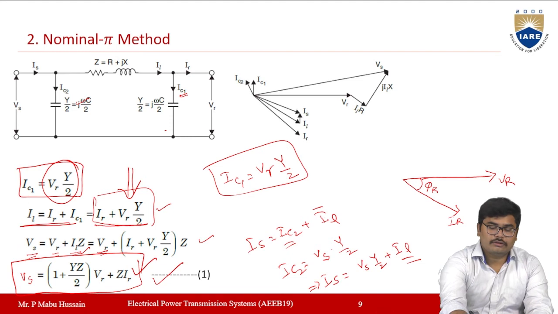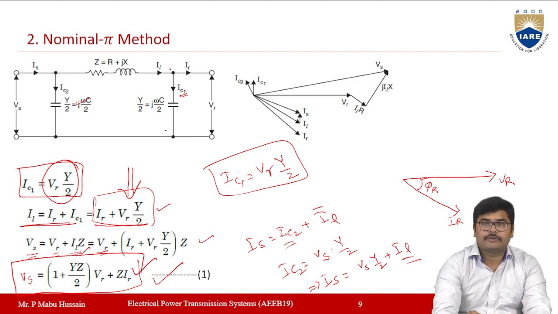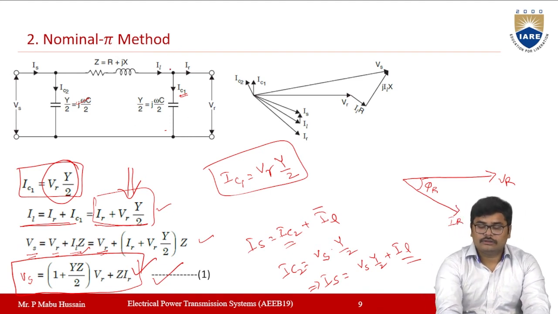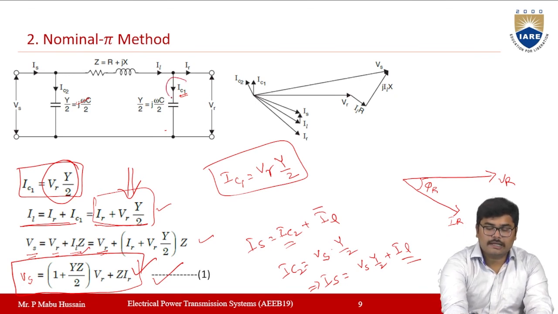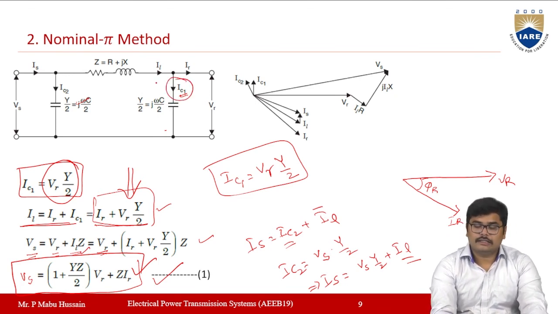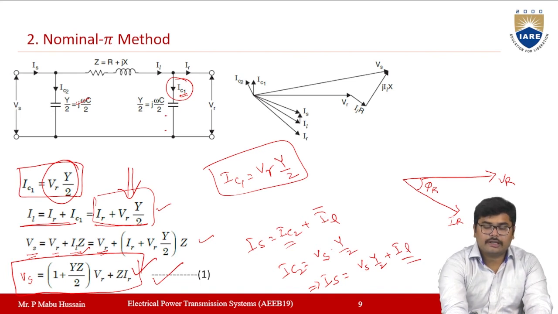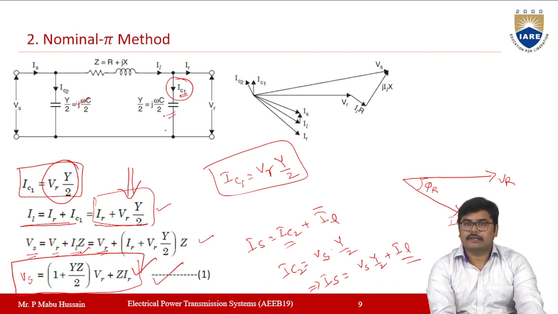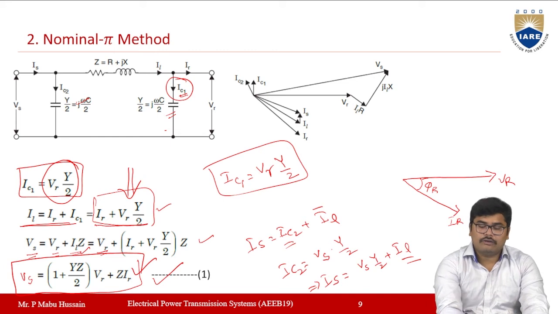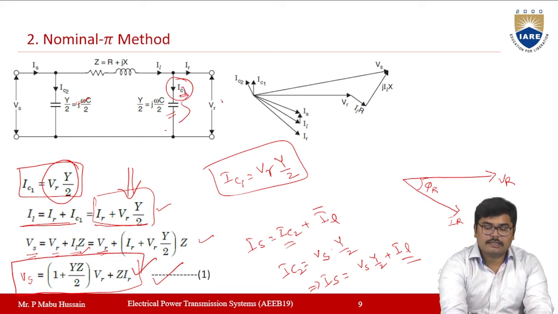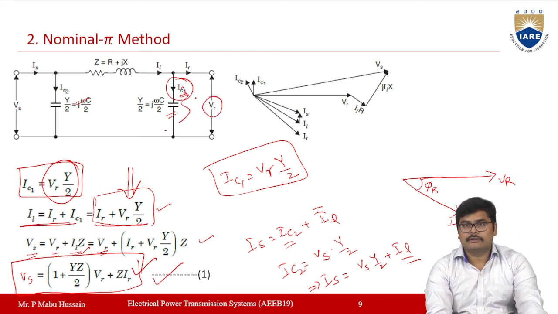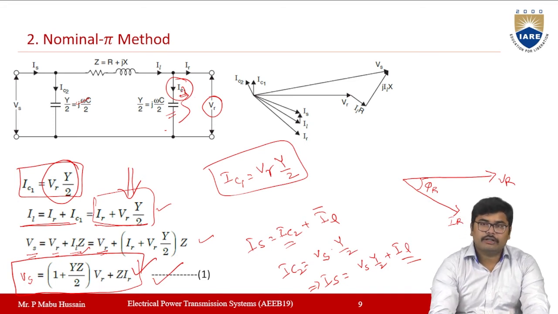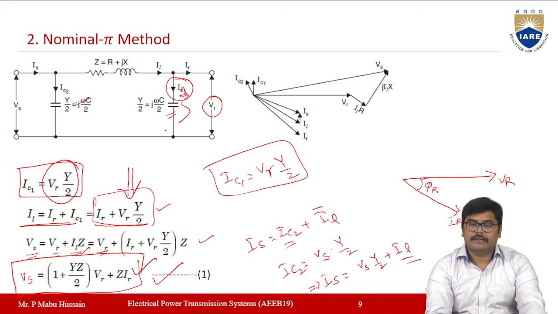Then from this equivalent circuit, once you know the IR value, see the IC1. IC1 is the current flowing through the capacitance which is connected at the receiving end, and the voltage across this capacitance is the same as the receiving end voltage VR. So the IC1 vector can be represented as perpendicular to this VR.